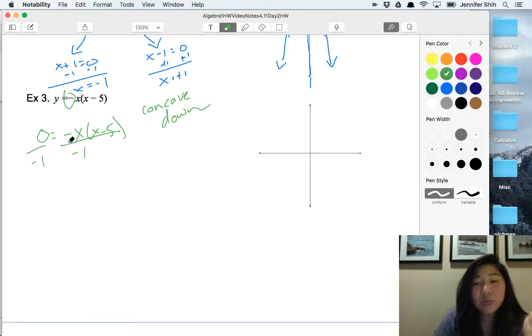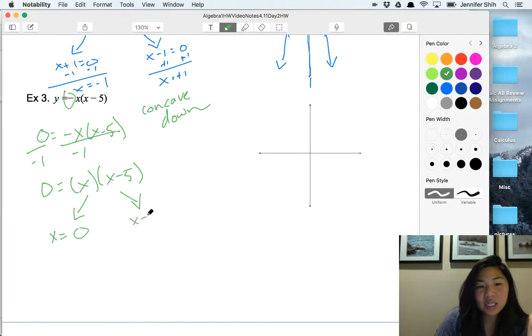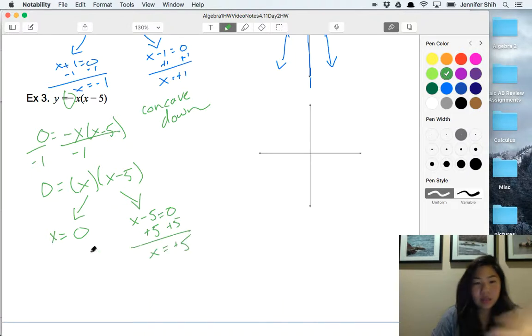So this leading coefficient, I'm dividing by the leading coefficient. And I'm going to get this. The only reason why I put this is because it's a weird example. You still need to use the zero product property, and you need to solve. So now I have my solutions.